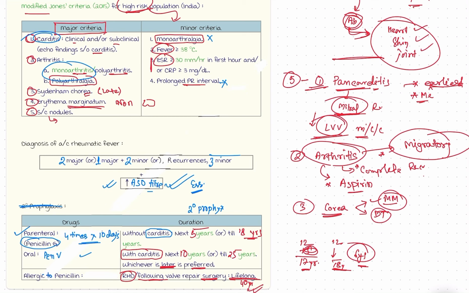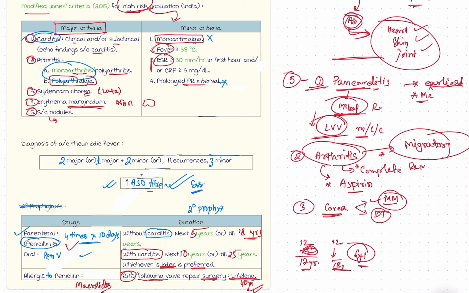If the patient is allergic to penicillin, then we have to start the patient on macrolides, that is erythromycin 250 mg 4 times a day for 10 days. Penicillin G or oral penicillin V also has the same dose, 4 times a day, 250 mg.